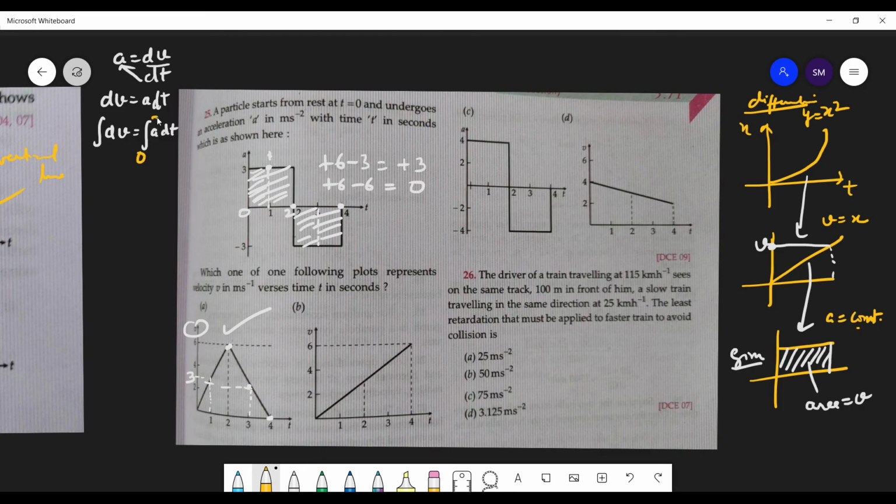This will be your net velocity. This a is your 3 here, students, right? So you will get 3 as the constant and time t.